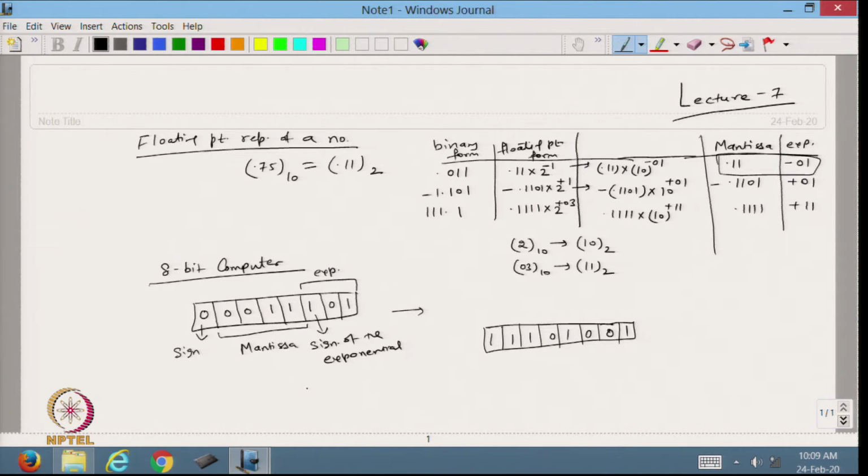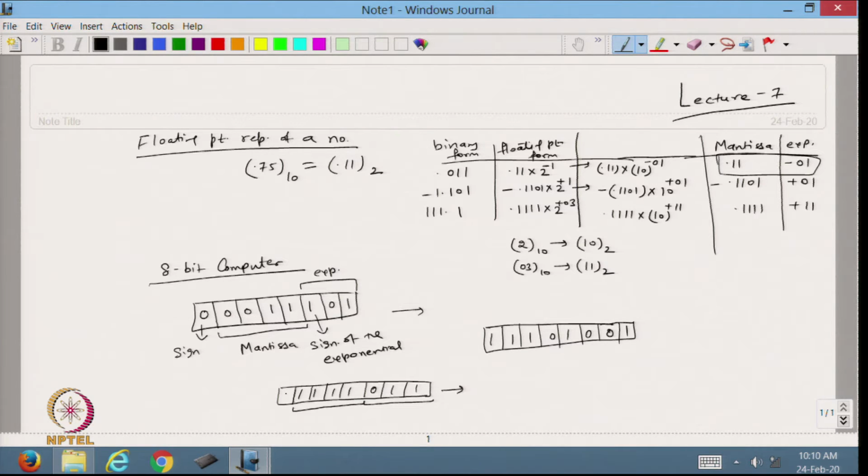The next question is: suppose I have an 8-bit computer, what is the maximum number we can save? The sign does not matter. In the next 4 digits I can put 1 1 1 1, and in the exponent I can put 0, which is positive, and 1 1.